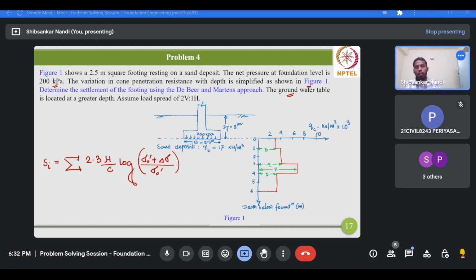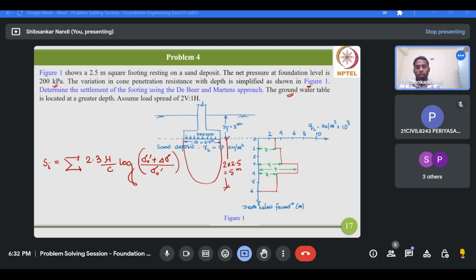First we determine the thickness of the zone of influence, which would be up to a depth of 5 meters. Why? Because the B value is given as 2.5, and 2 into 2.5 equals 5 meters. So this is the zone of influence.